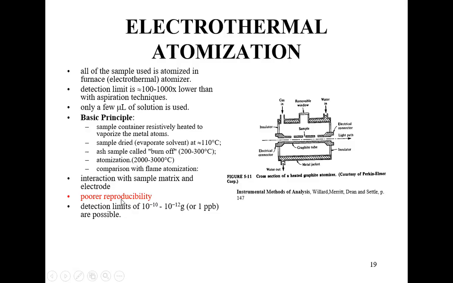And once you tear down, and then you have tomorrow, you have to do the same thing. So poor reproducibility, but detection limits are low. You can see here, ppb levels, 10 to the minus 10, 10 to the minus 12 grams. Those are possible, right? So those are disadvantages.